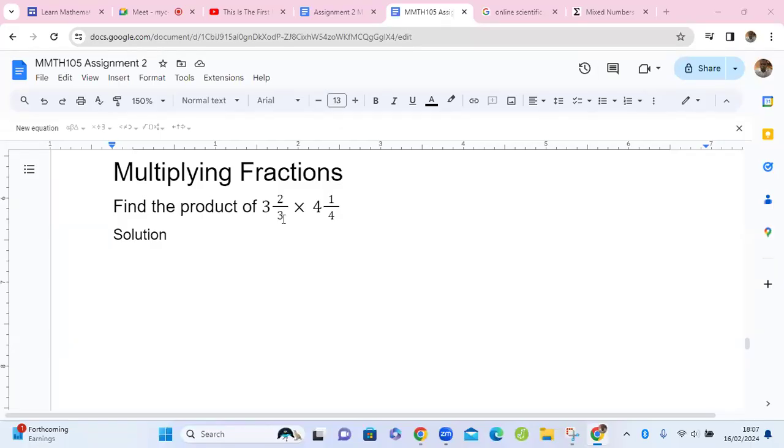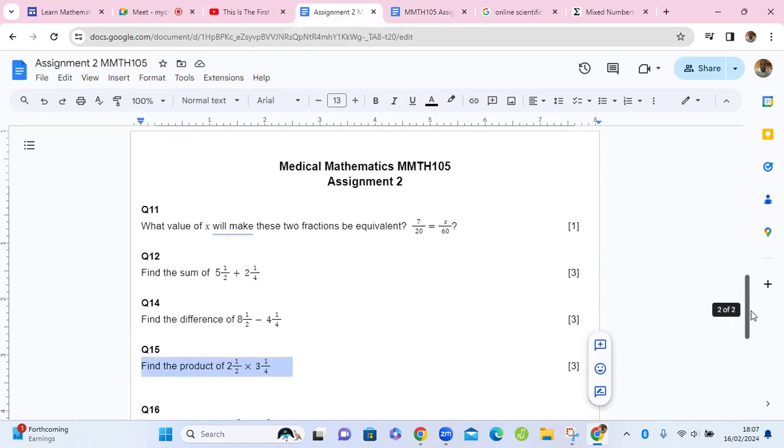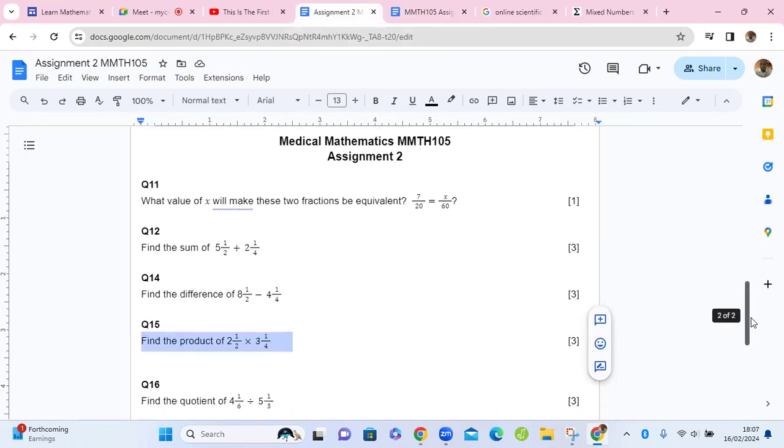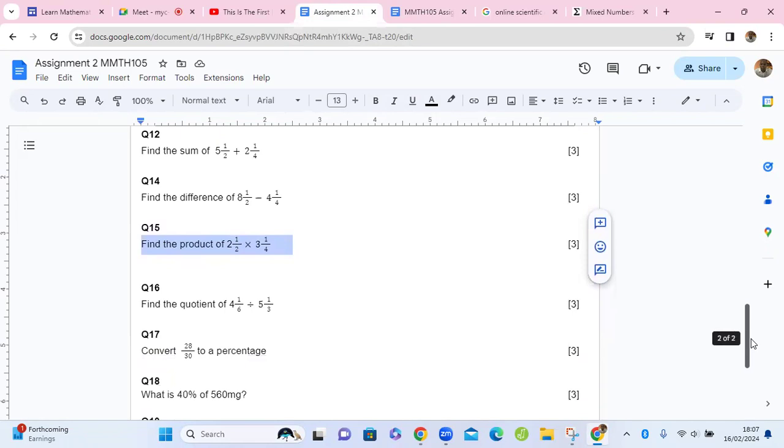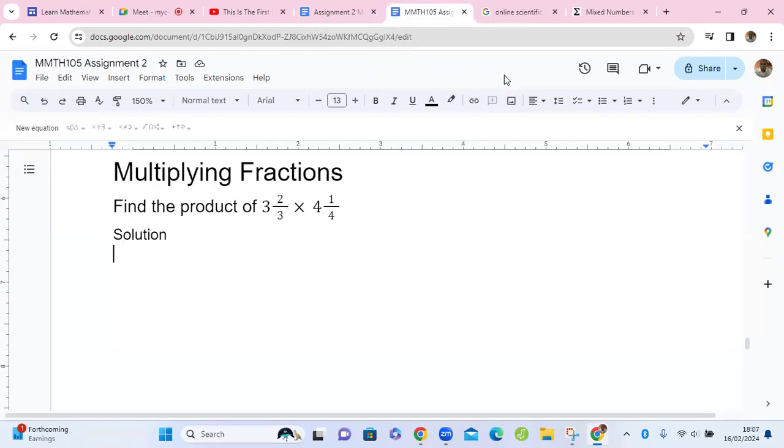Here we are going to discuss how to multiply fractions. This is an example for number 15 in assignment 2 of Medical Mathematics, MMTH 105, multiplying fractions.